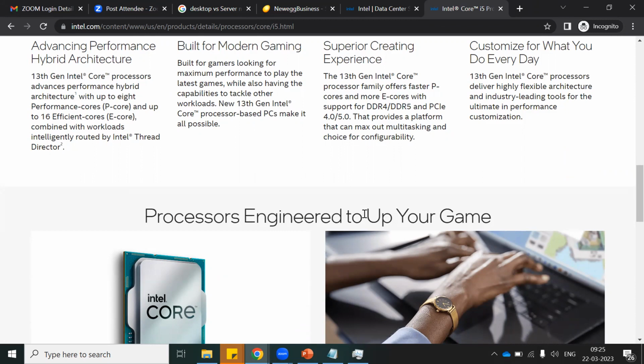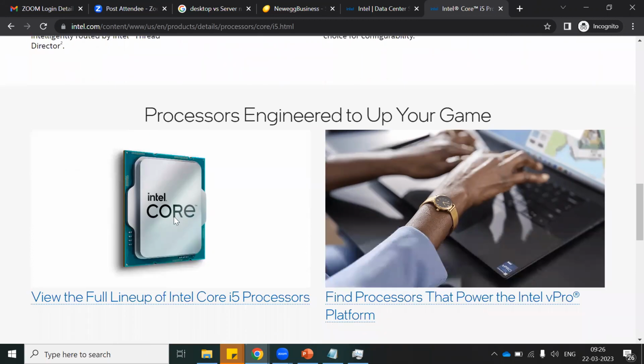I'm stressing here the cores, CPU. I can call it a processor, I can call it a core, I can call it a CPU. All these terminologies refer to the same thing.